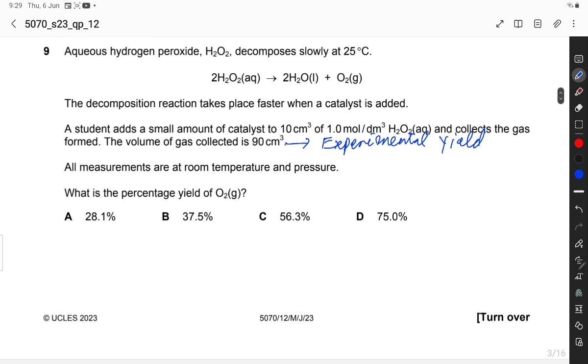Now we have to calculate the theoretical yield. 10 cm3 of 1 mol per dm3. So moles of H2O2 is equal to 10 times 1.0 concentration divided by 1000.